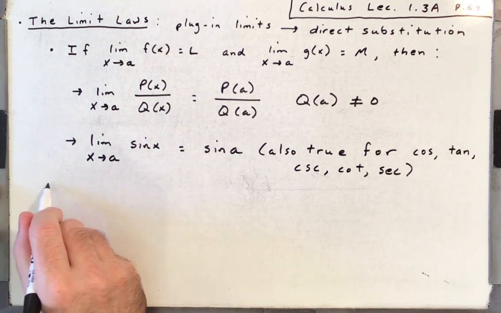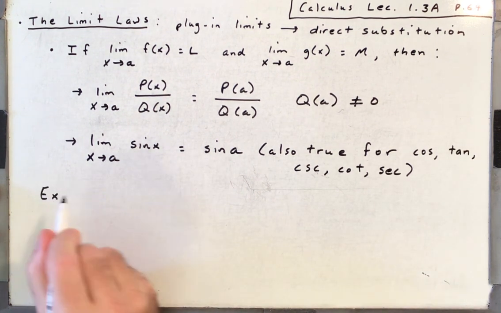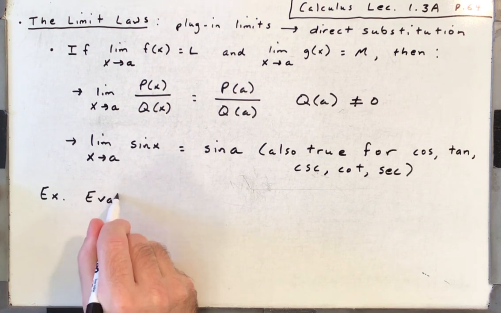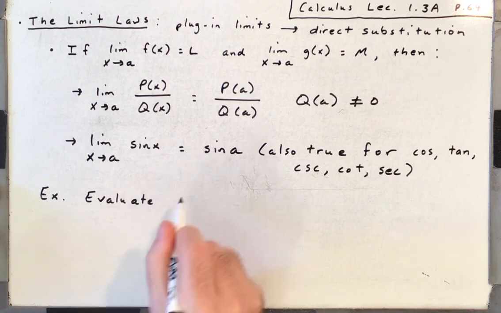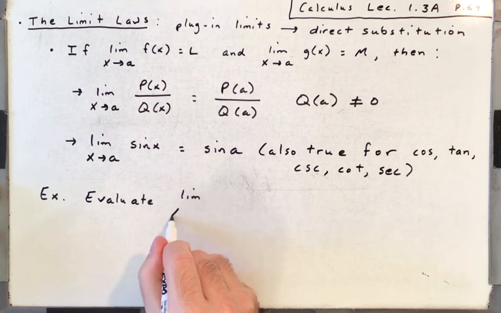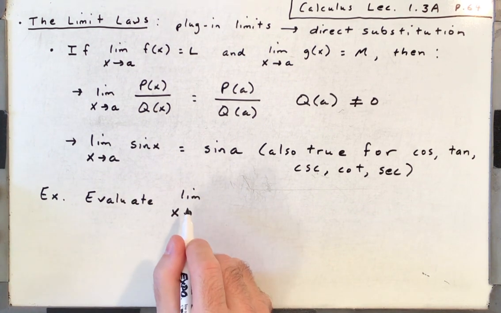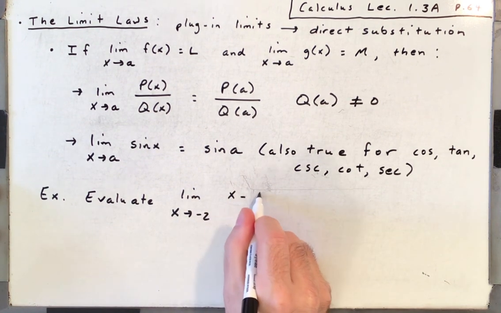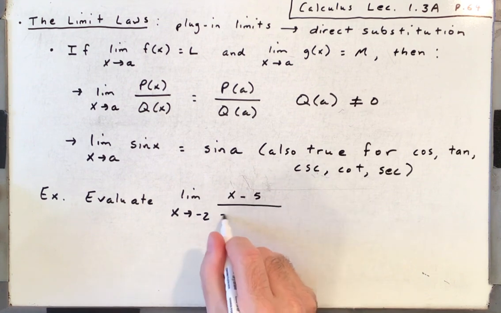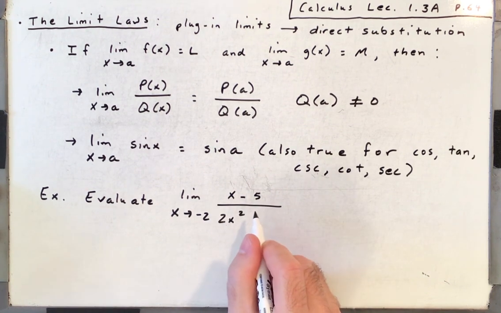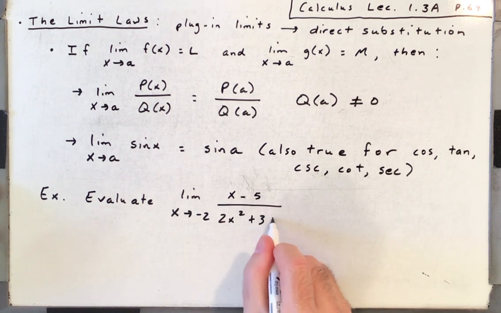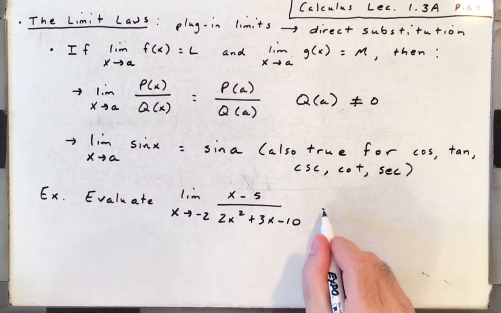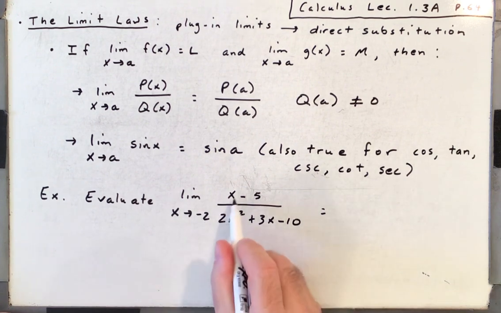All right, so let's do an example here. This one isn't from the book. Let's evaluate the limit as x approaches -2 of x minus 5 over 2x squared plus 3x minus 10. What you're going to do is just plug -2 in for x.